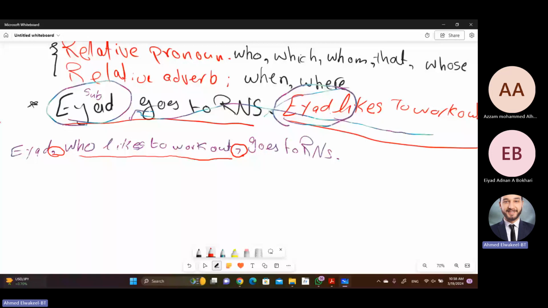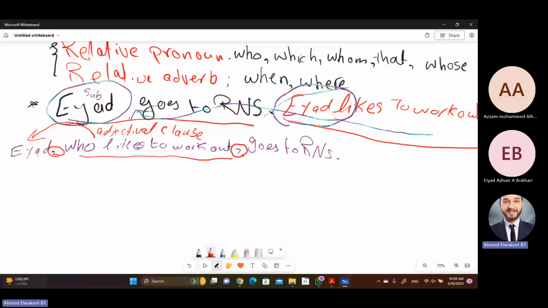All of this clause describes Iyad, and anything that describes a noun, since Iyad is a noun, is consequently an adjectival clause. So I was right when I said adjectival clause. You said objectival, not adjectival. No problem, you meant adjectival, correct.